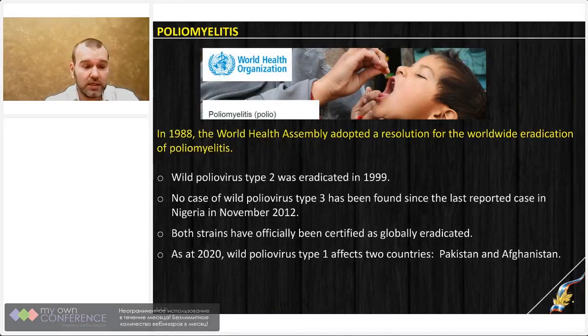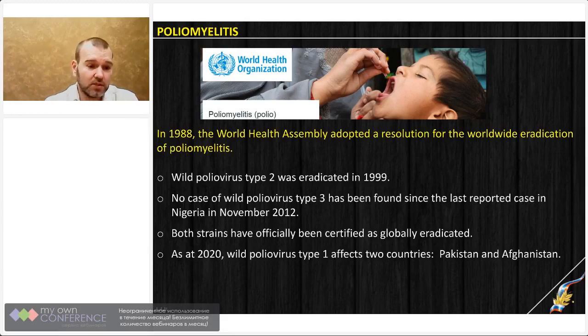So, as I said, in 1988, WHO initiated a resolution for worldwide eradication of poliomyelitis. And actually, according to data from 2020, the second type of poliovirus is already completely eradicated, and the last case of disease registered by WHO dates to 1999, and since that time, no official cases of wild type 2 polio are registered, and poliovirus type 3 is thought to have been eradicated in 2012.